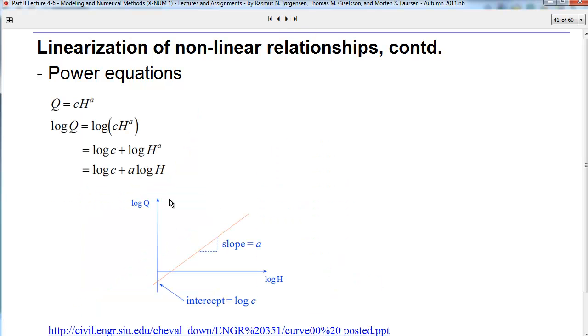You have a nice linear relationship. That's just calculating when you take the logarithm. I don't know why it's not the natural logarithm, but you might as well have used that one. But then you get the logarithm of c here, and the slope here directly.